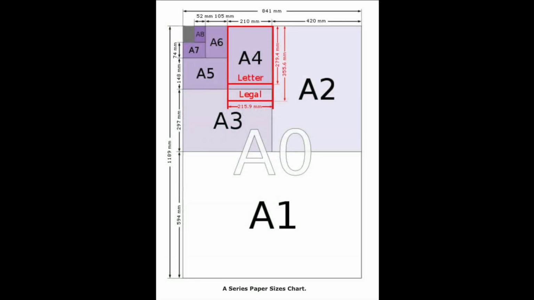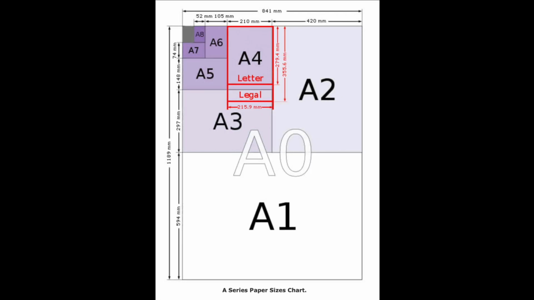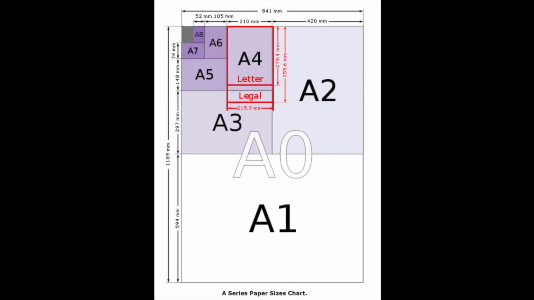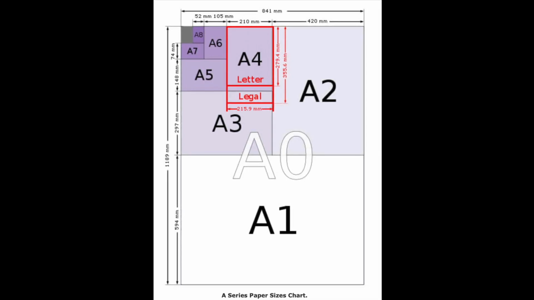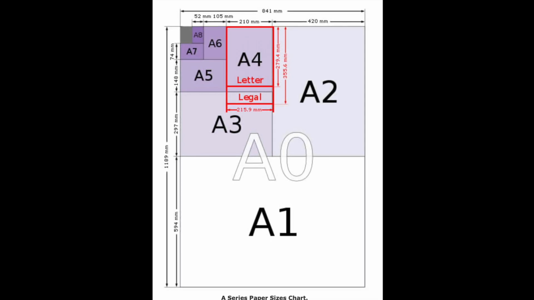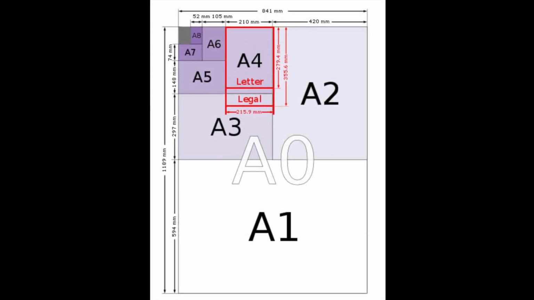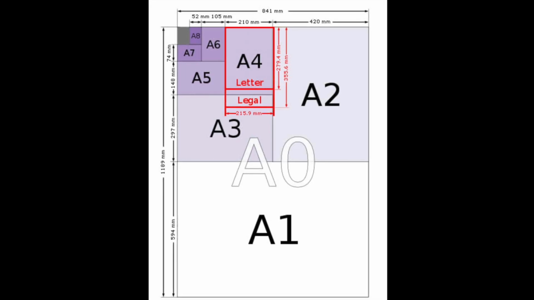A5, as you know, is 148 millimeters by 210 millimeters and is part of an international paper size system ranging from 4A0 to A10, in which each decrement is exactly the half of the previous larger size.